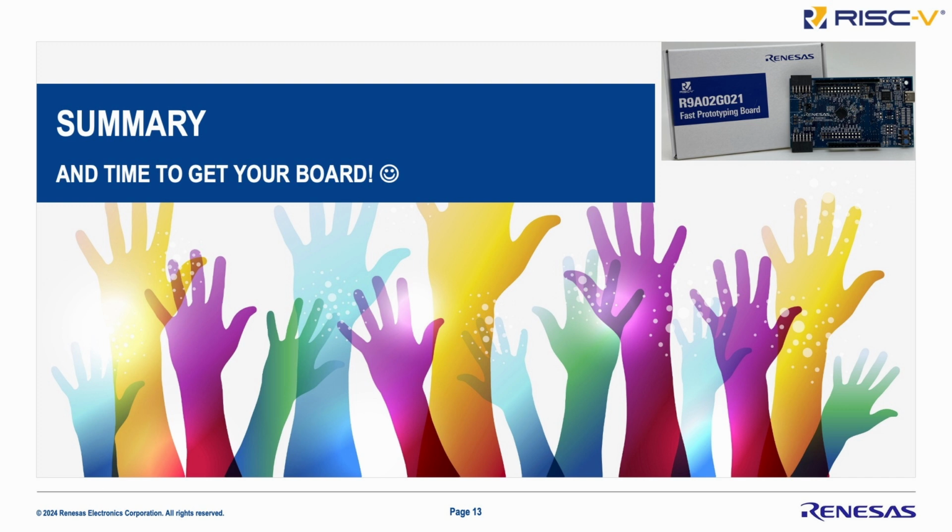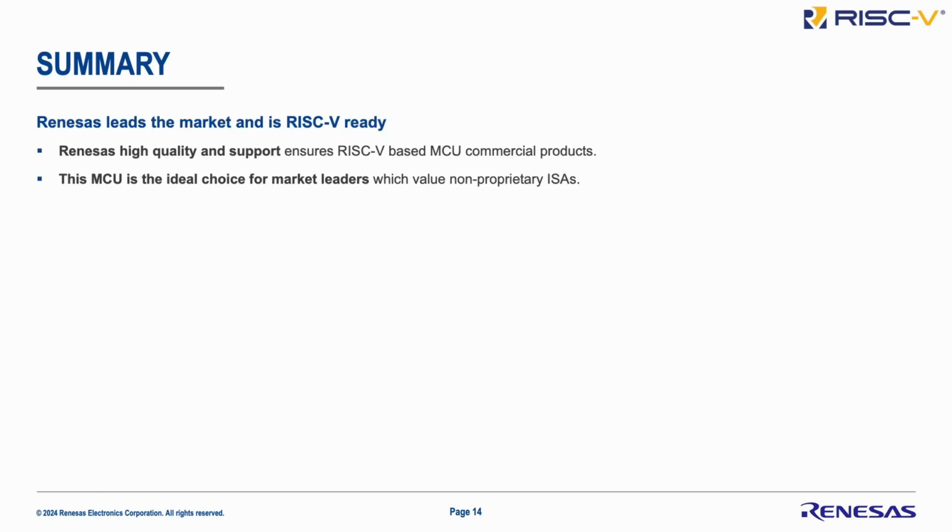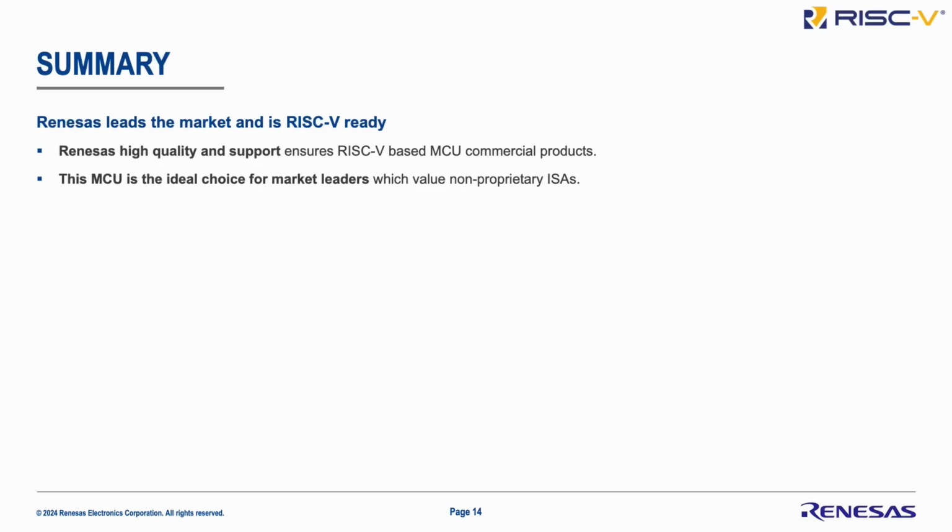So please, let's go through the last slide. First of all, one message: Renesas is leading the market and is ready for RISC-V. So we have high quality and support to ensure your commercial success with those devices. And this MCU is really an ideal choice if you want to be one of the market leaders that is valuing non-proprietary instruction set architectures like RISC-V.